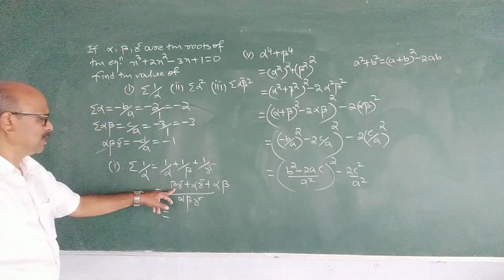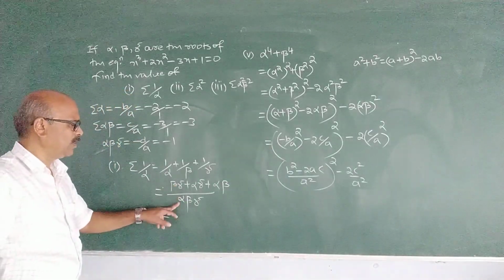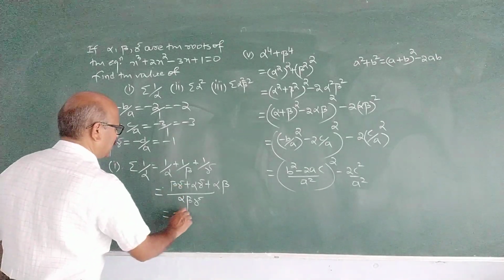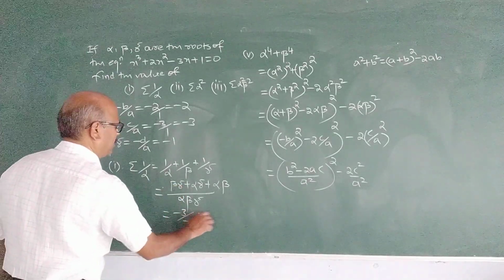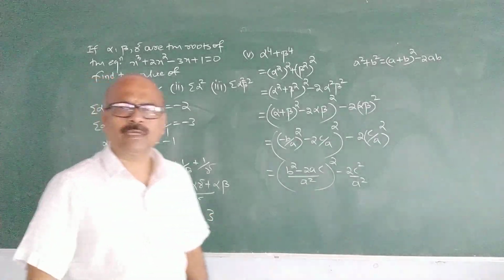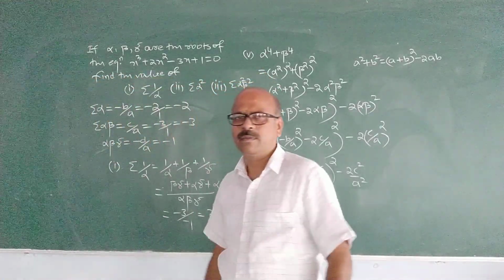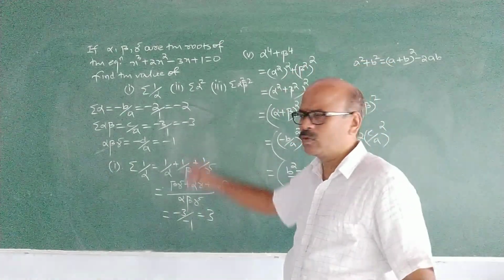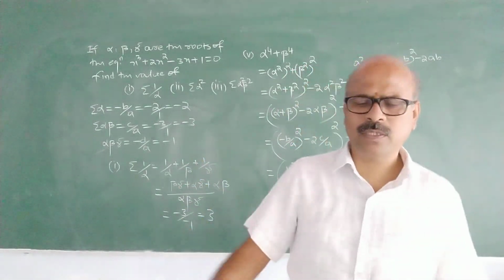We know the value of this. Now these two are known expressions. What is sigma alpha beta? It is minus 3, alpha beta gamma is minus 1, therefore plus 3. It is plus 3. Next two I continue in the next video.